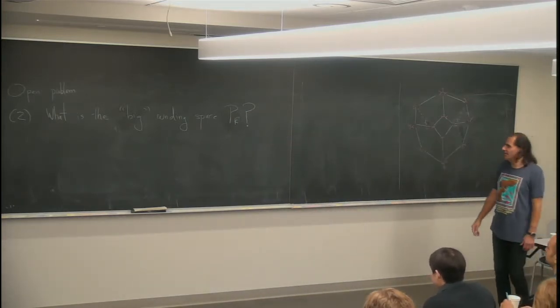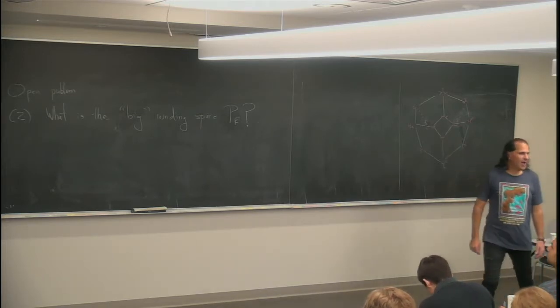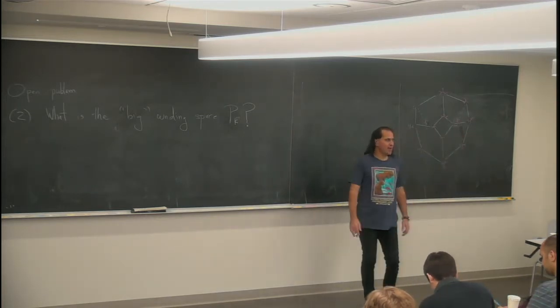But there's a very natural question, just what is the space itself? So in other words, how do I think about the configuration of Zs that has this property?